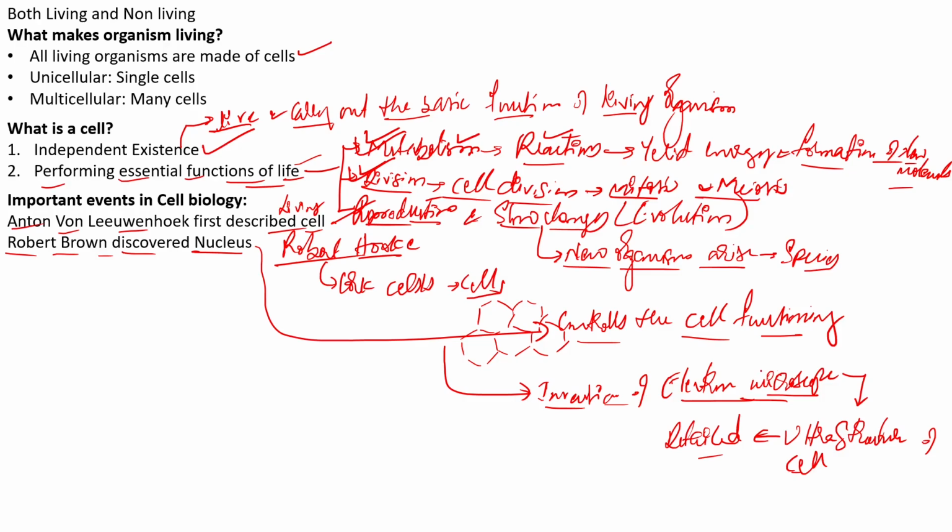So the invention of the electron microscope is considered an important event in cell biology, and it changed cell biology rapidly in a short moment of time.